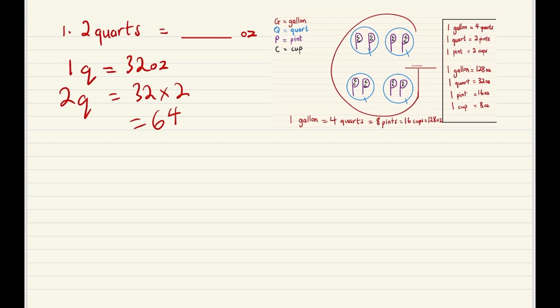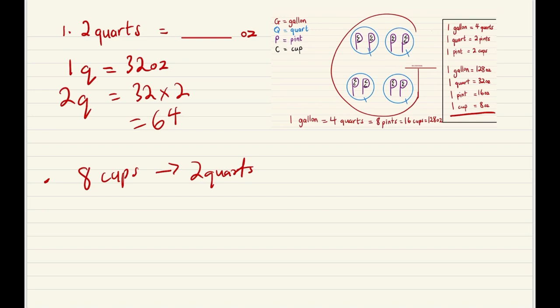We can also look at it in this way. If 1 cup is equal to 8 ounces, then we're going to count how many cups are in each quart. We're going to do 1, 2, 3, 4, 5, 6, 7, 8. So there's 8 cups in 2 quarts.